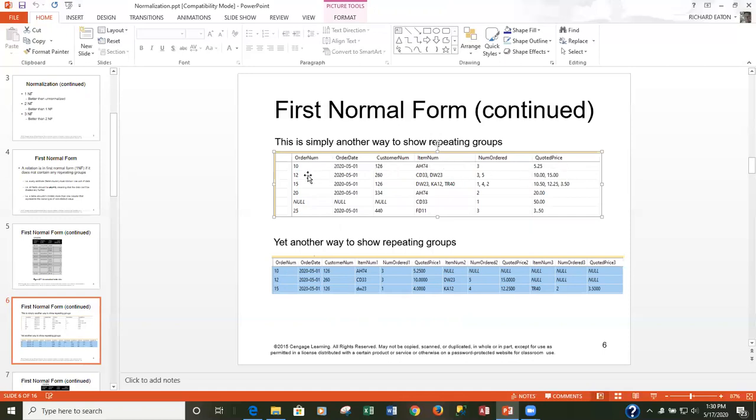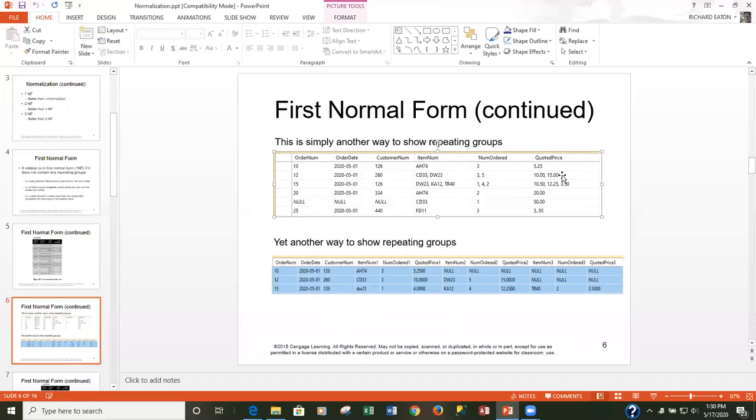And let's put them all, and if they have multiple items, we'll put them all in the same line with a comma separating them. So look at order 12 here, we have 2 items, a CD33 and a DW23 with a comma separating them, and a 3,5 representing the number ordered, and a 10,15 representing the quoted price.